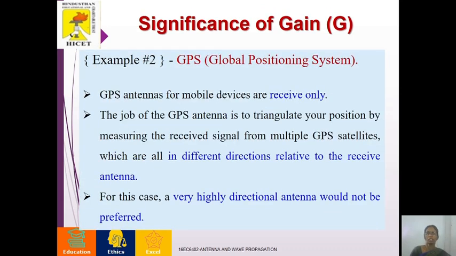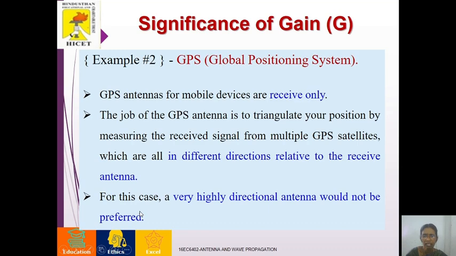Next example is your GPS antenna, global positioning system. These antennas are used in mobile devices for receiving purposes. The job of the GPS antenna is to triangulate your position by measuring the received signal from multiple GPS satellites. These GPS satellites may be in different directions relative to the receiving antenna.